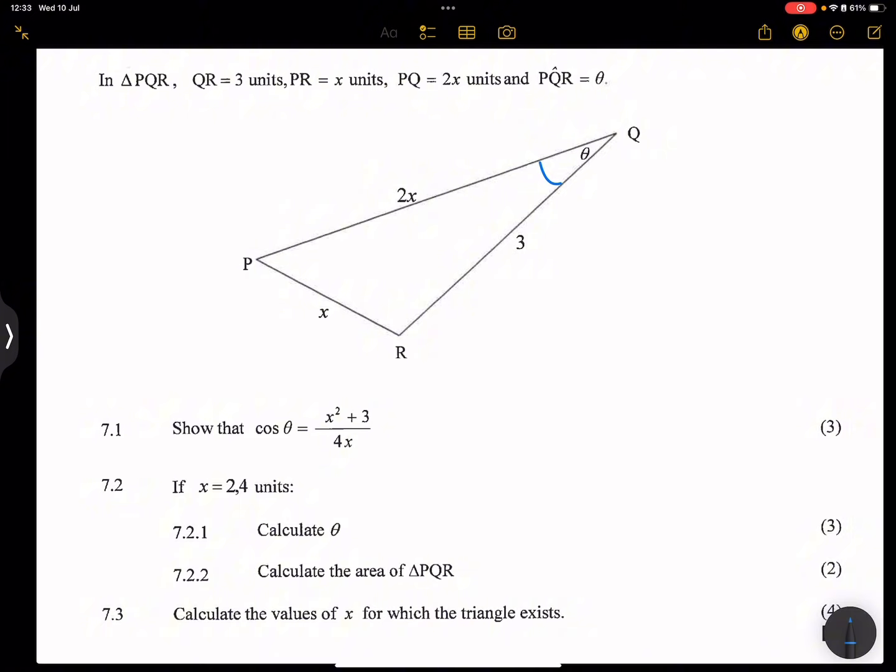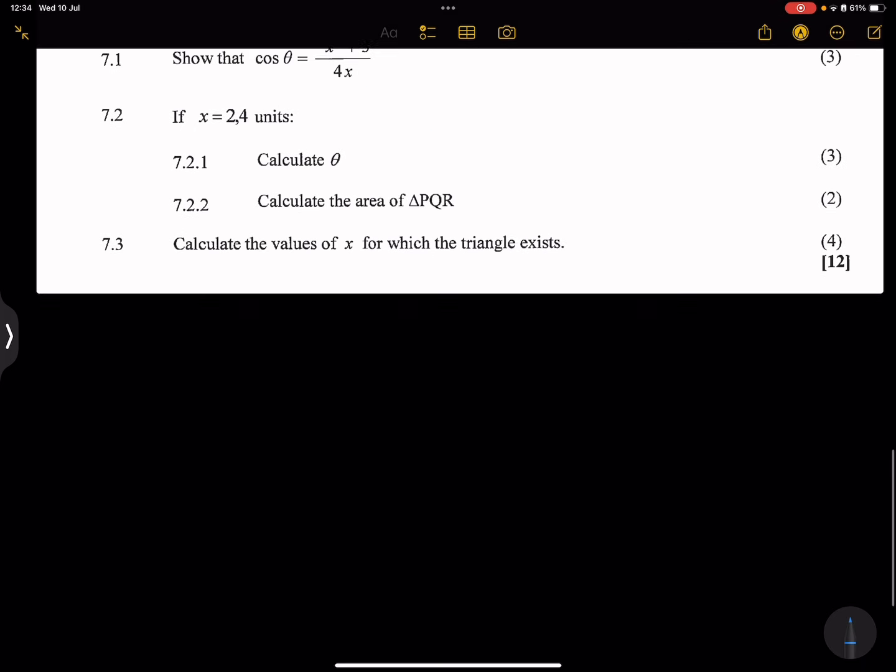If we're going to use the cosine rule, remember that we are going to use the side opposite that. So that means PR squared will be the two sides and the included angle. Remember, that's what we do for the cosine rule, two sides and the included angle.